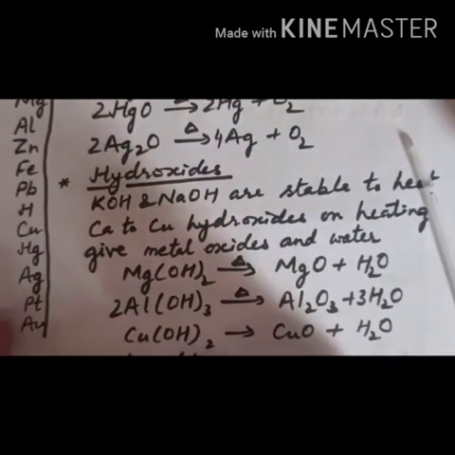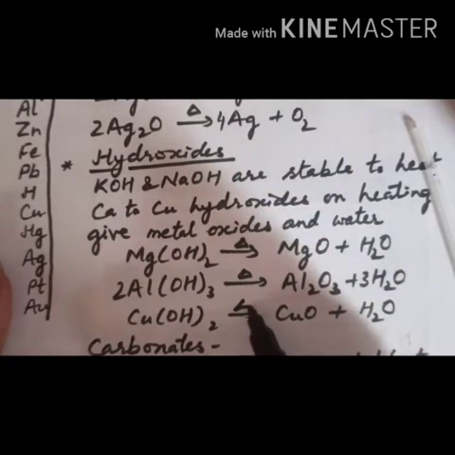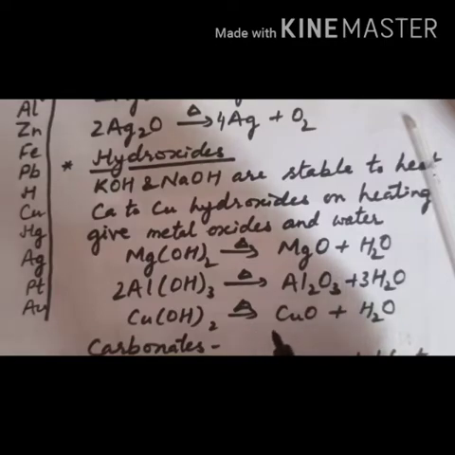Copper hydroxide on heating gives copper oxide and water. So you will say that these metallic hydroxides, calcium to copper, on heating give metal oxides and water. Below copper, that is Hg up to gold, rarely form hydroxides, right?